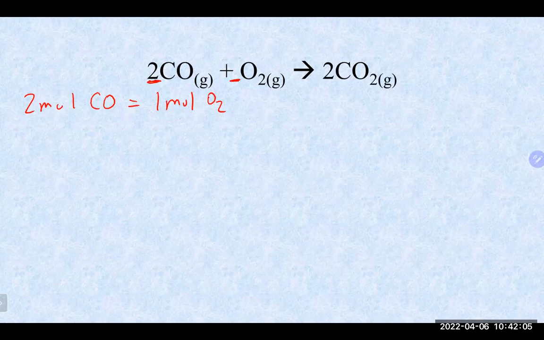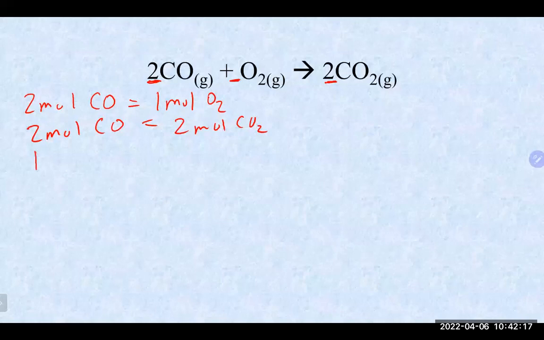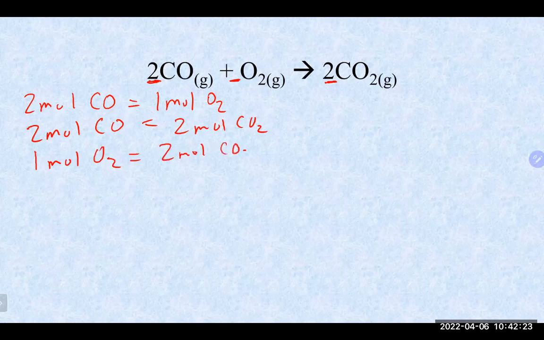We could also say that for every 2 moles of CO we put in, we will produce 2 moles of CO2. We could also see that for every 1 mole of O2 we put in, we get 2 moles of CO2. And again, these are all coming straight from the balanced equation.